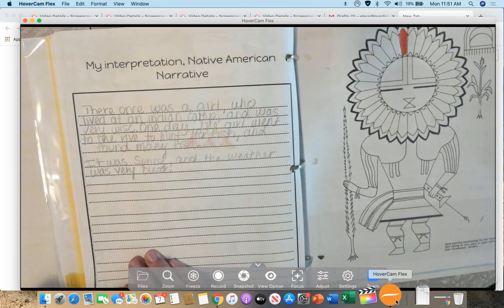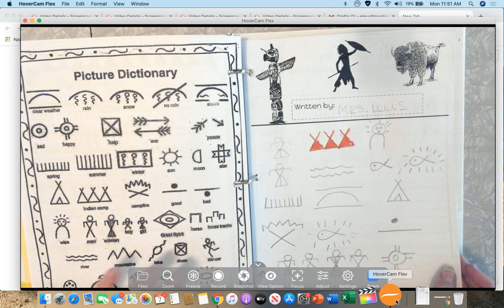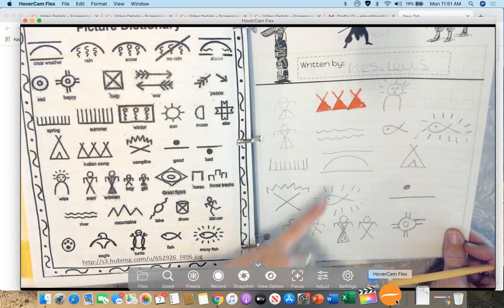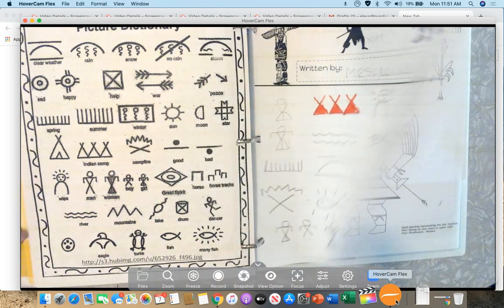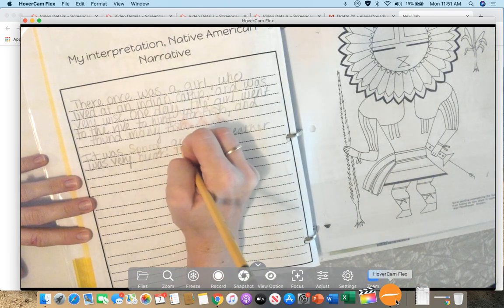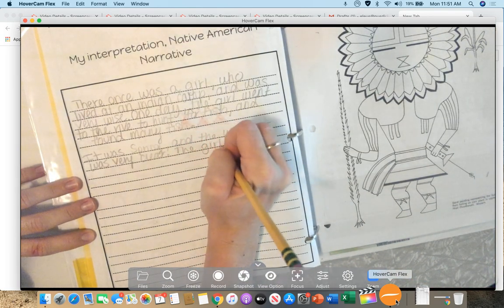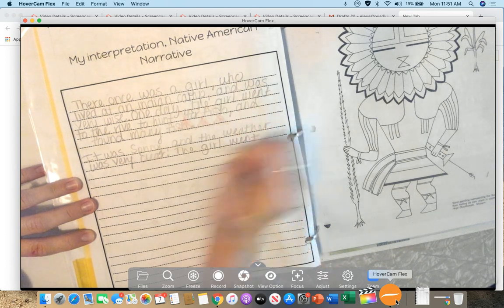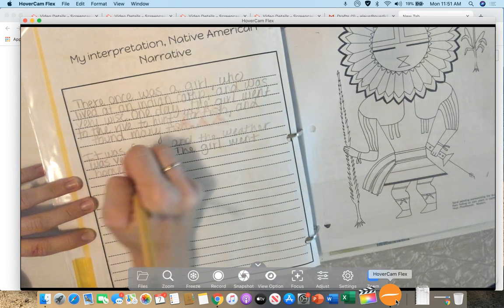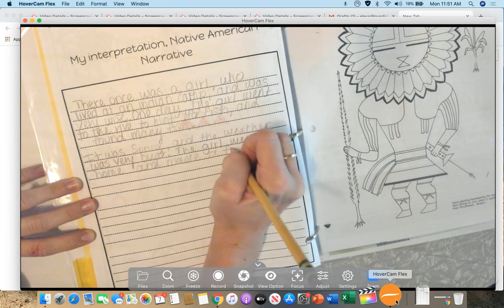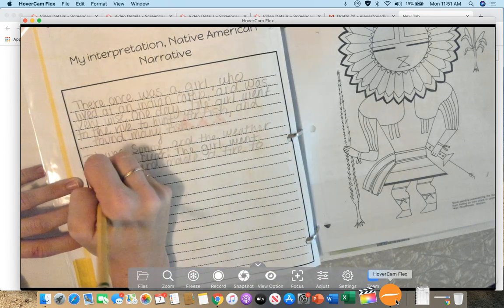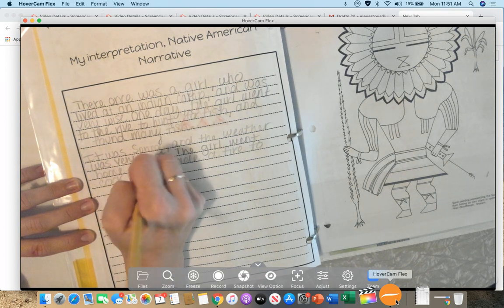All right, so it was spring and the weather was very clear. Now I'm going to write down that she went back home to make a fire. The girl went home and made a fire to cook the fish.